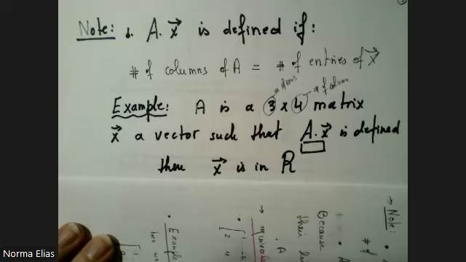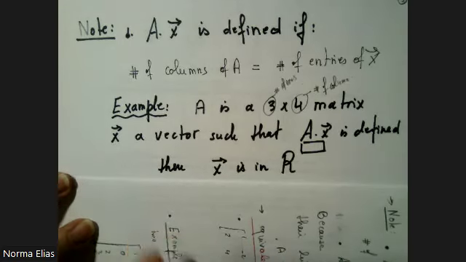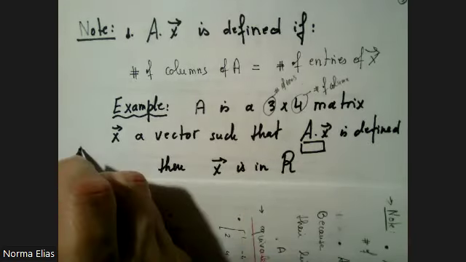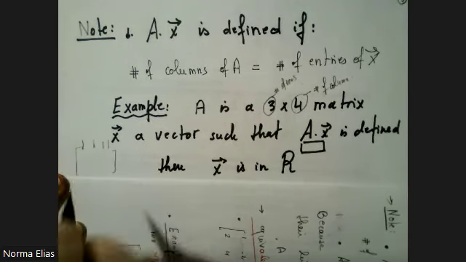Absolutely. Anybody beside Haley? I have 3 and I have 4. Which one do you think is going to be, 3 or 4? 4, because A is 3 by 4. So these are the number of columns: 1, 2, 3, 4.